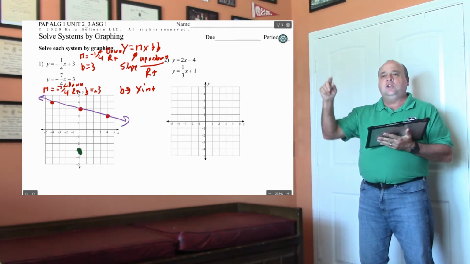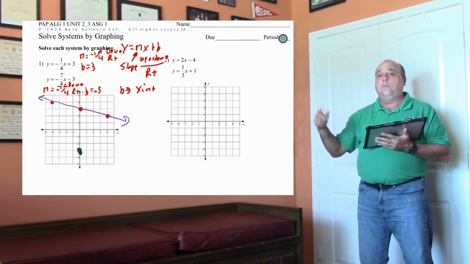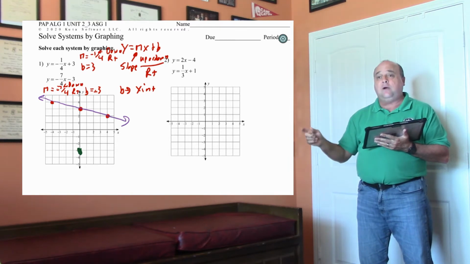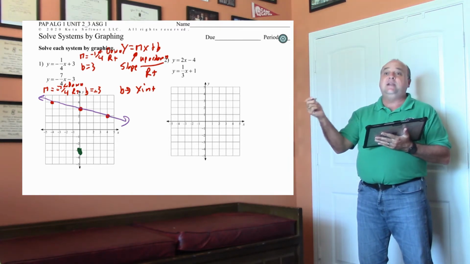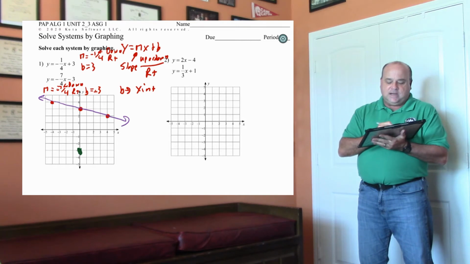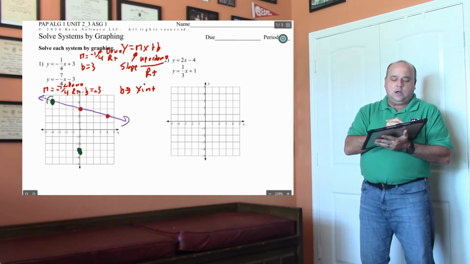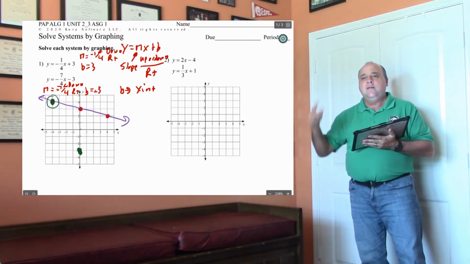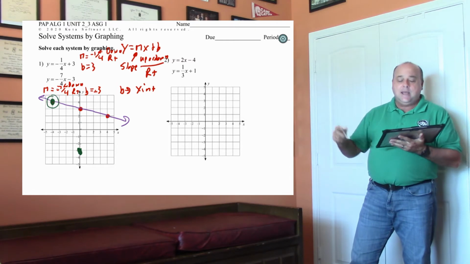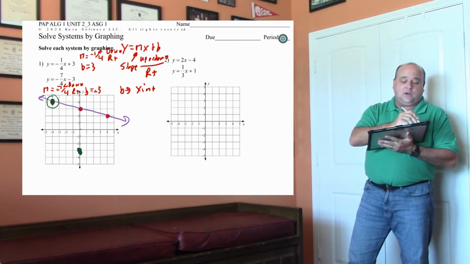Now my slope tells me to go down 7, right 4, but I can't go down because I'll be off the graph. So I'm going to go up 7 and left 4. From this dot, 1, 2, 3, 4, 5, 6, 7, 1, 2, 3, 4, and I get right here. Notice that this dot is shared. That's going to be the intersection point. I can't get another dot because I'll be off the graph, so I'm going to connect these 2 dots.